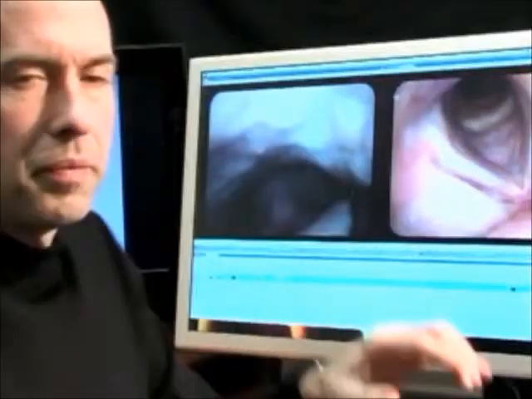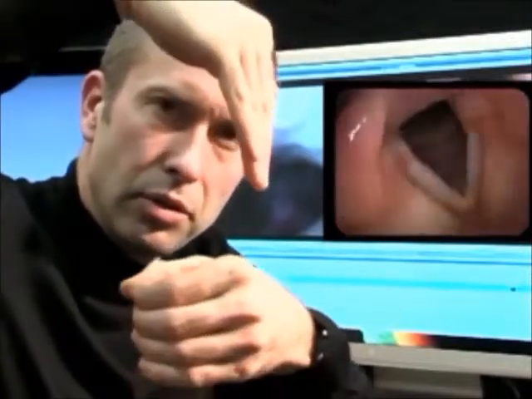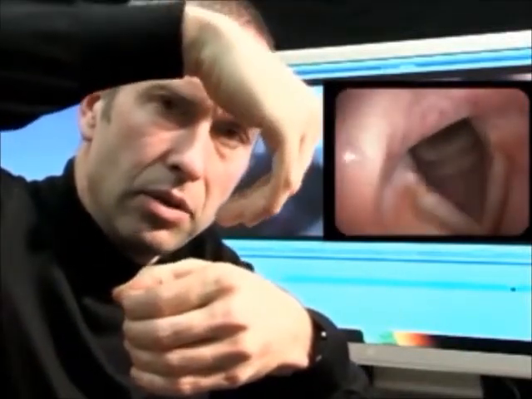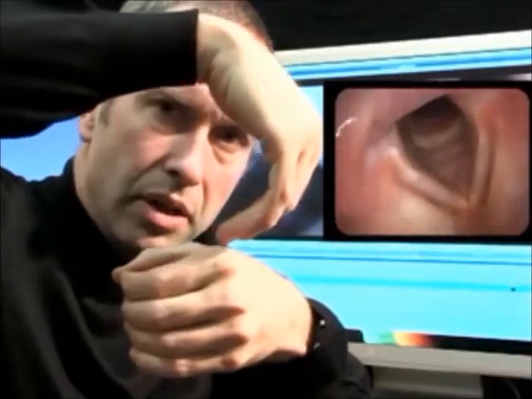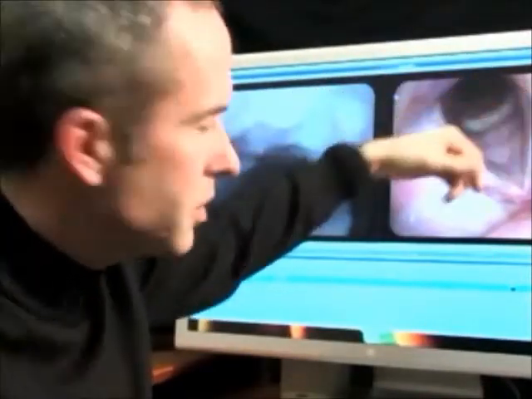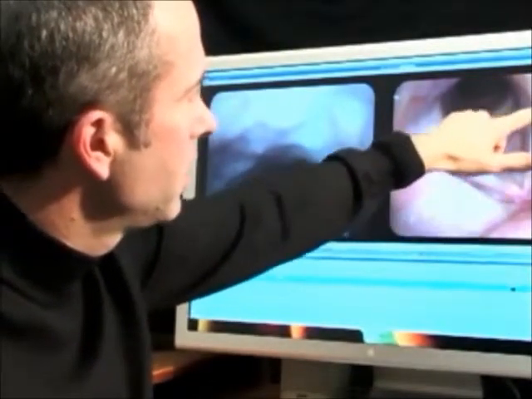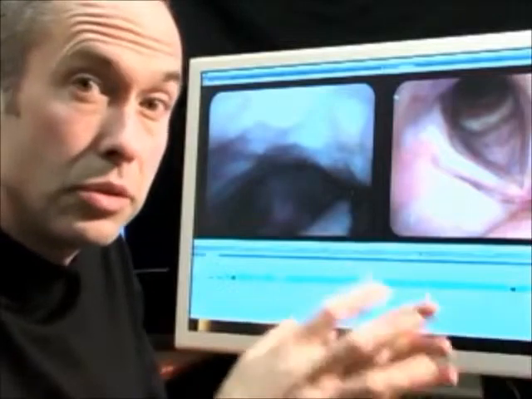lungs. If we put the camera in and not just look at the vocal cords from above, but we slide down very close to them, we can then angle the camera to look along the vocal cords. And what that view gives us is it lets us see into what's called the ventricle. And that's like a cave between the true and the false cords.